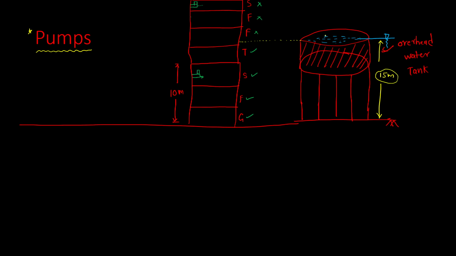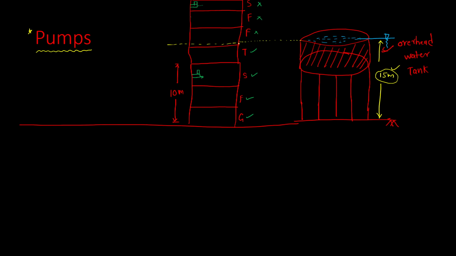That means if the level of water in this reservoir is 15 meter, then only up to 15 meter height the water can be transferred easily, without any external pressure. Without using pumps, under the action of gravity and the pressure relation, the water will be available in all the floors up to the third floor, that is, up to 15 meter height.